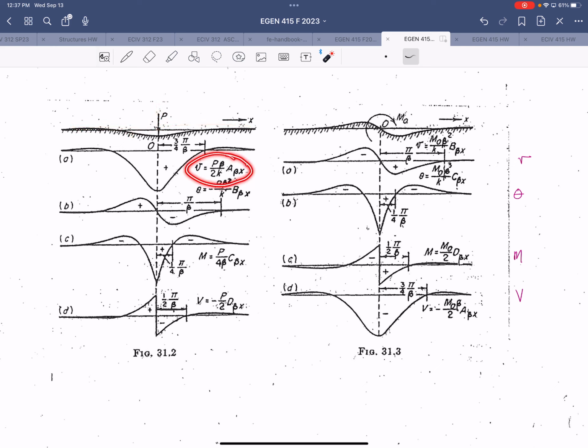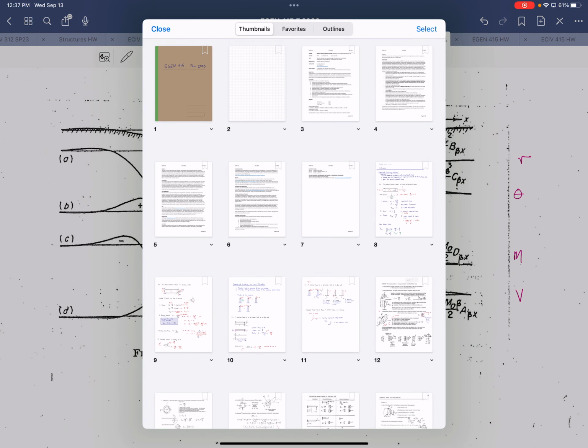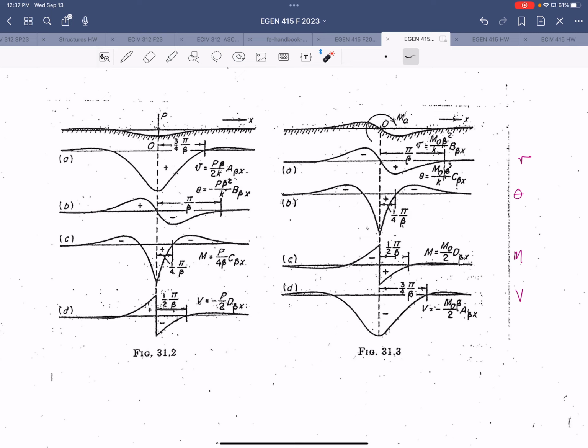It's this equation right here that I just wrote down. So that's where that comes from. That represents the deflection equation. I guess earlier I said it was the maximum value, but since we've got X built into it, it really represents the whole thing.